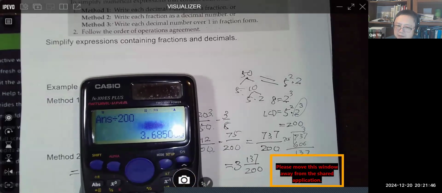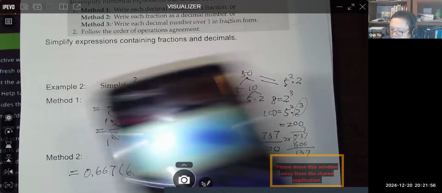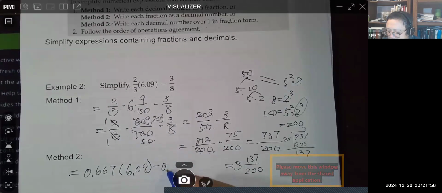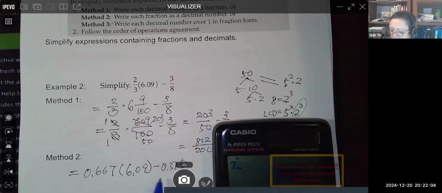3/8 converted to decimal should be 0.375. If we double check, 3 divided by 8, 0.375. Minus 0.375. Now this is easy. We're going to do the whole thing in one step. Multiply and subtract.